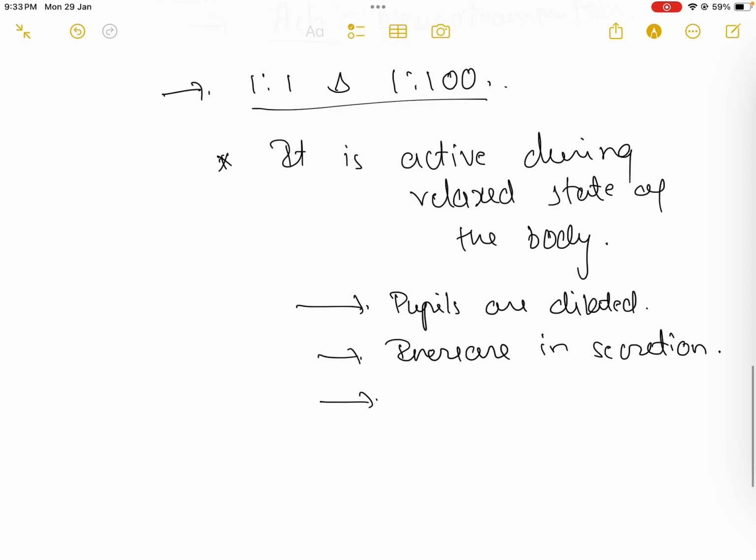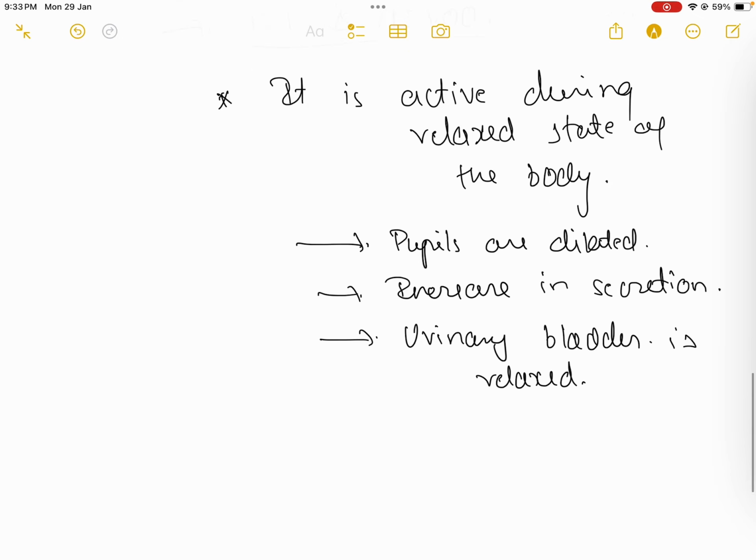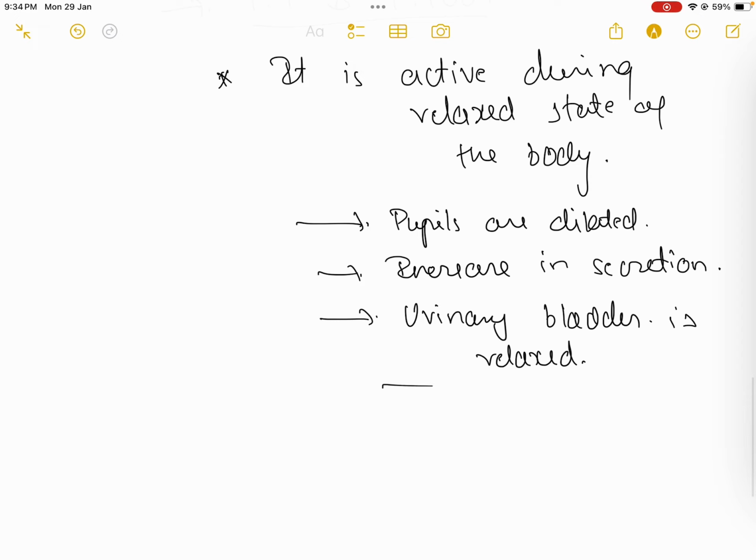The urinary bladder is always relaxed, the detrusor muscle is always relaxed. This is why the parasympathetic system is active during the relaxed state of our body.